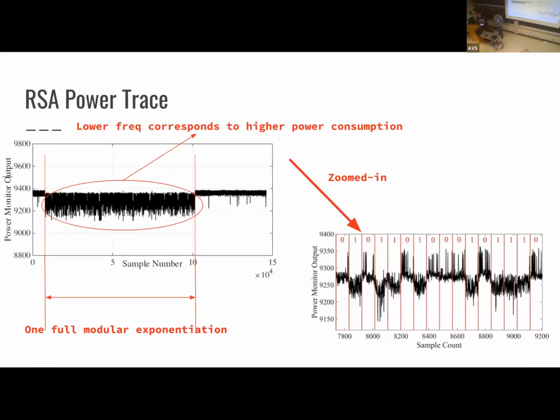Okay, so here's one of the traces that we get through the simple power analysis.